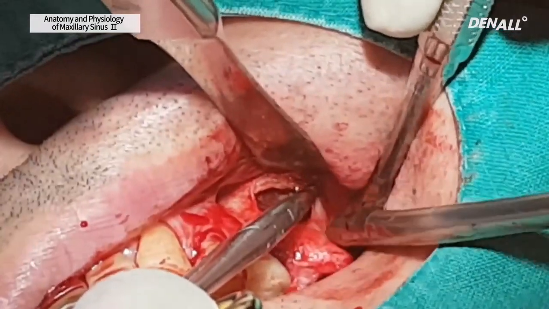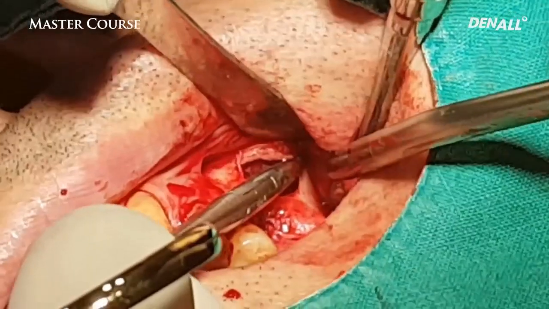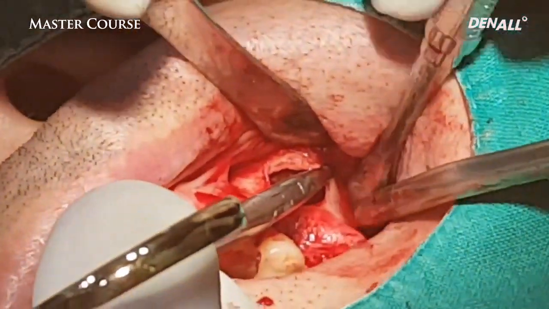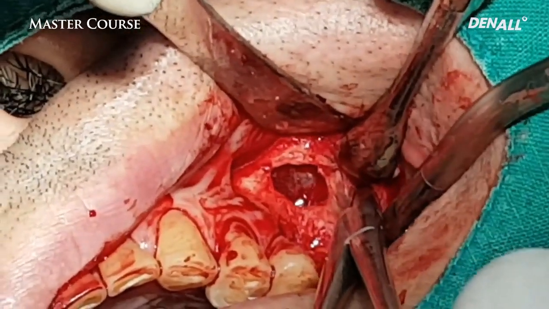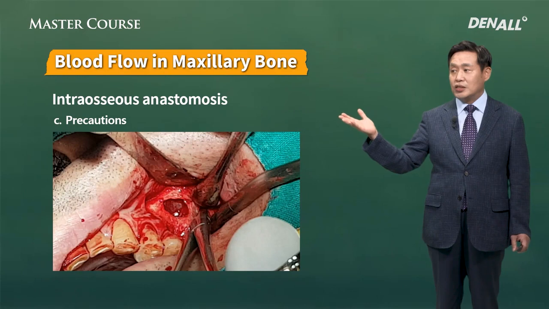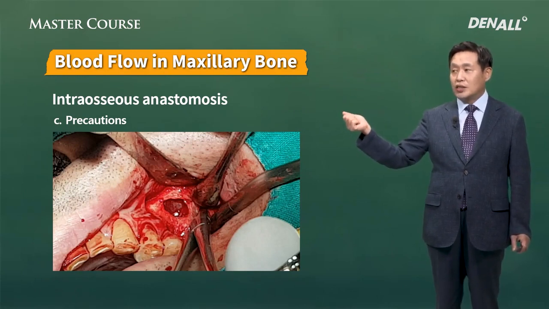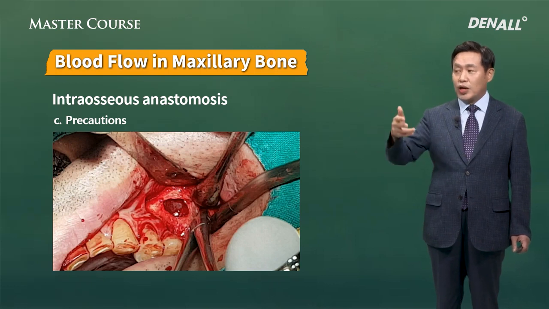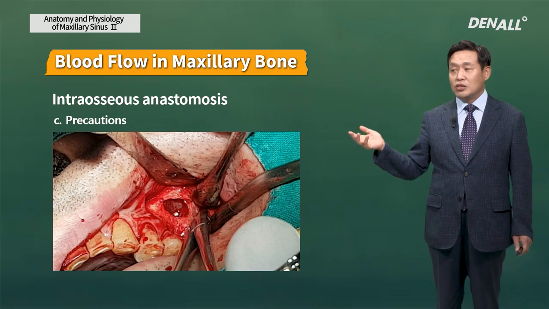If bleeding is from the bone, you can clamp it, then hemostasis can be achieved using a needle holder. I don't use an electrocutter. I just use compression with a needle holder or hemostat. The posterior superior alveolar artery and infraorbital artery are stopped from bleeding with compression only.